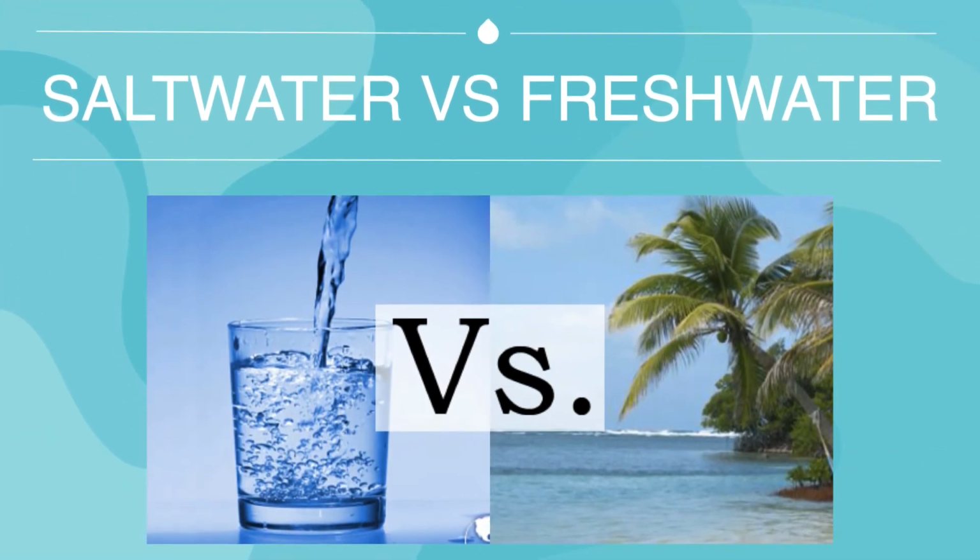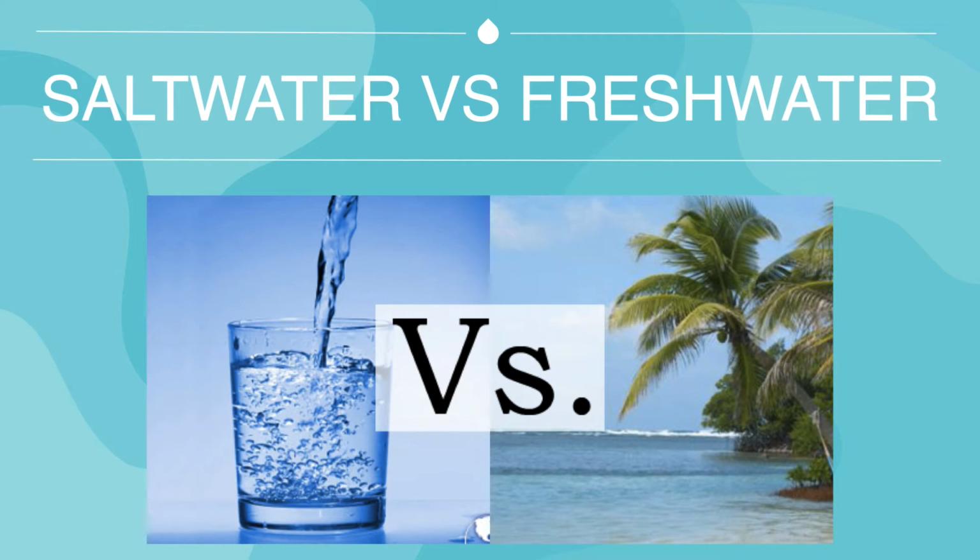Is all the water on Earth fresh? No. As we discussed earlier, there is more salt water than fresh water. The majority of the water found on Earth is salt water from the oceans. So, what's the difference between salt water and fresh water? Fresh water is water that is not salty and has little or no taste, color, or odor.